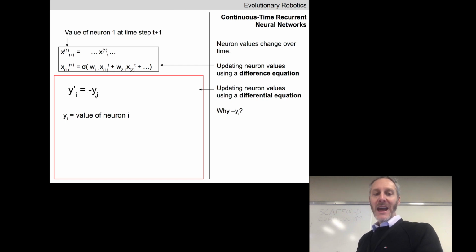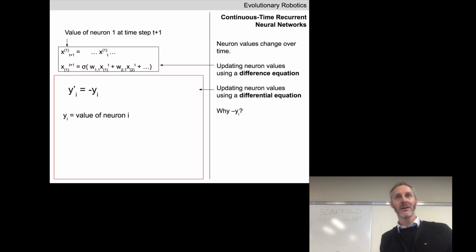And we're going to start by adding this first term, which is minus y sub i. Seems like kind of an odd thing to do. For those of you that are more comfortable with differential equations, what does this mean about the behavior of the ith neuron?